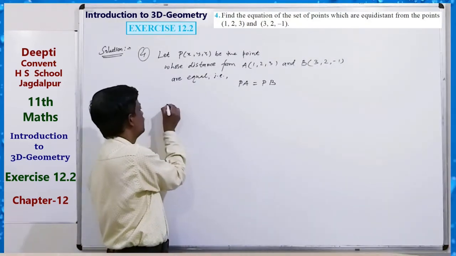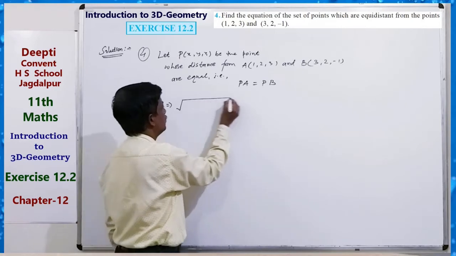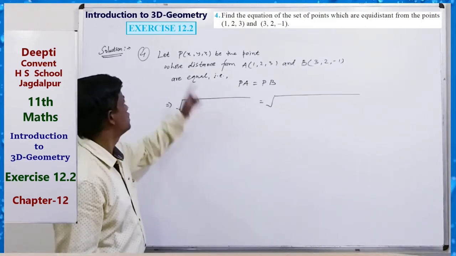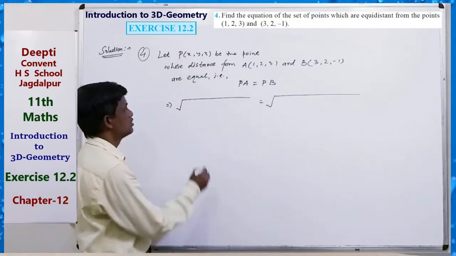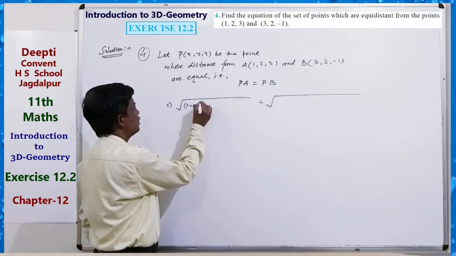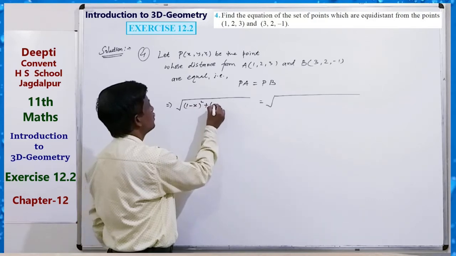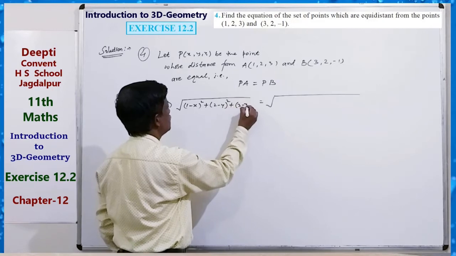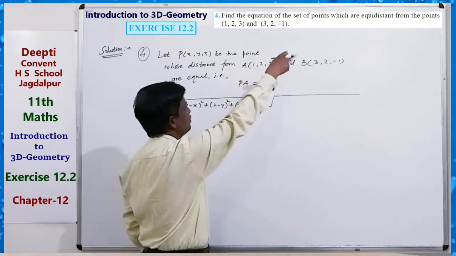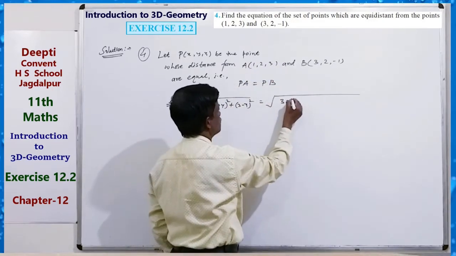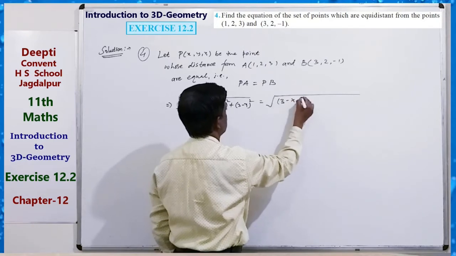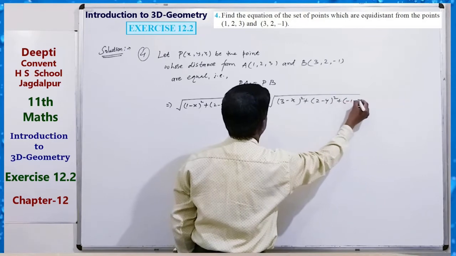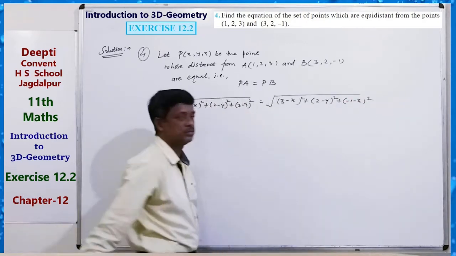So by using the distance formula, P is (x, y, z), A is (1, 2, 3). So PA is root of (1 minus x) square plus (2 minus y) square plus (3 minus z) square, equals PB, root of (3 minus x) square plus (2 minus y) square plus (-1 minus z) square.